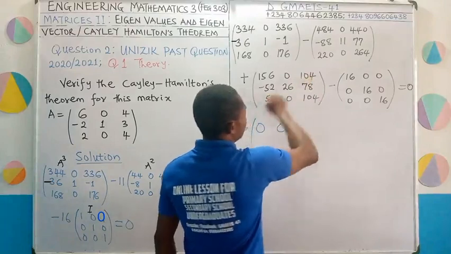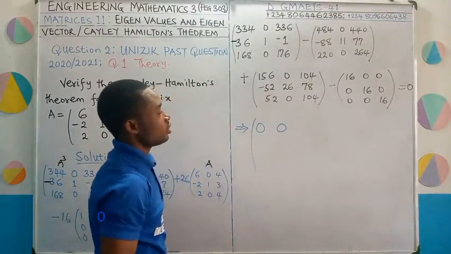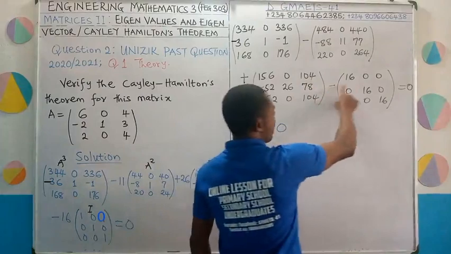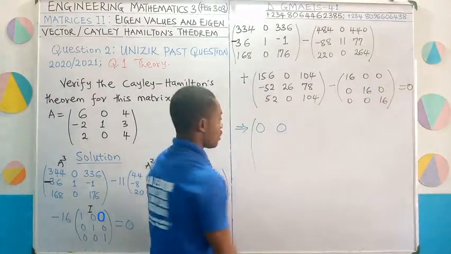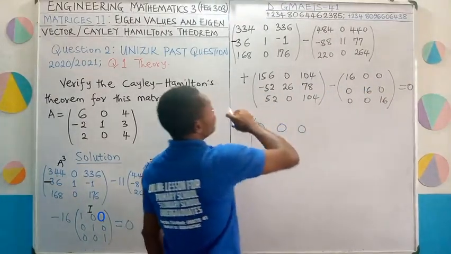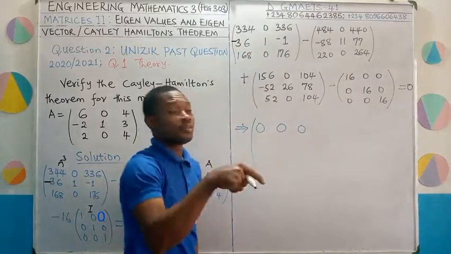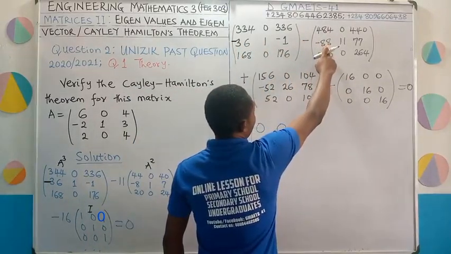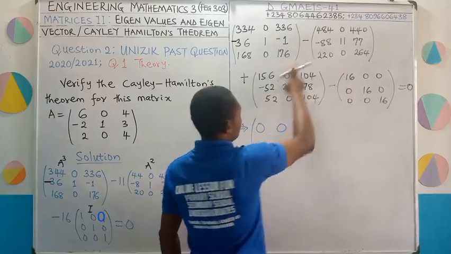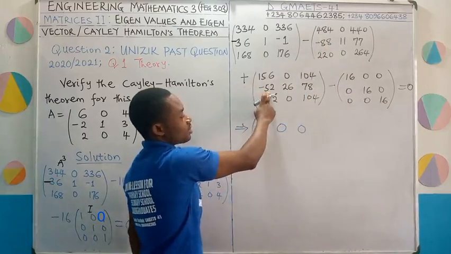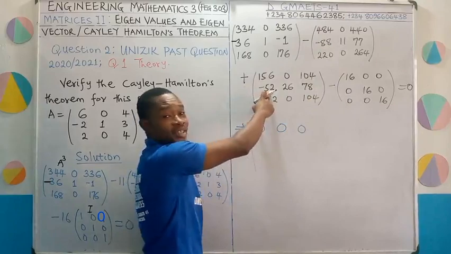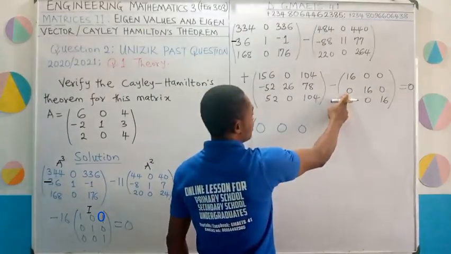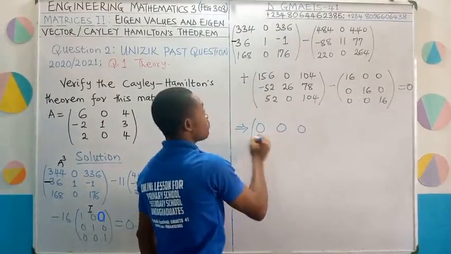Then plus this 104 will give us 0. Then 0 minus 0 will give us 0. You move on to row 2 and do the same thing. 36 minus 18 minus 88. And then plus minus 52. If you do that, you get 0 minus this 0. That produces 0 for us again.